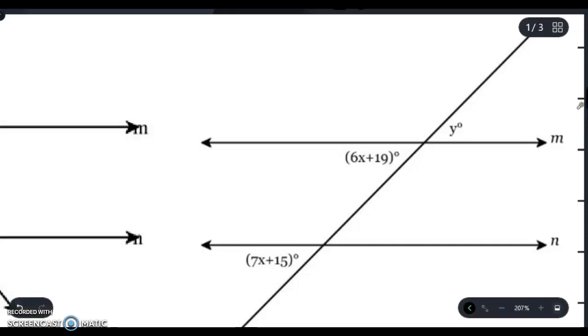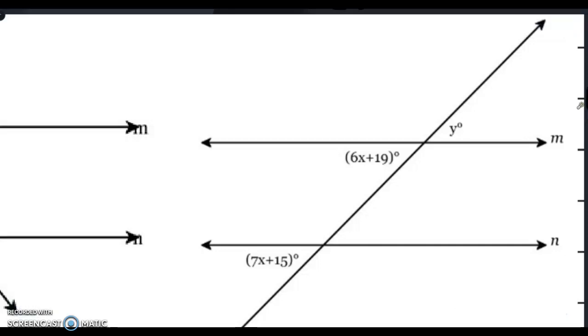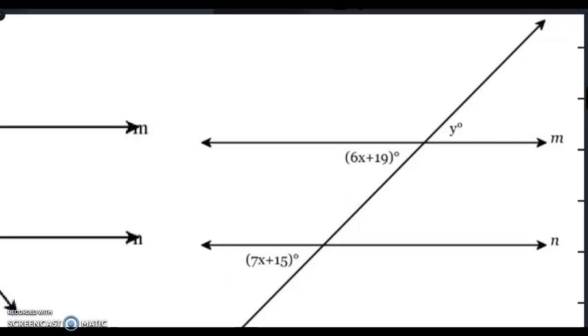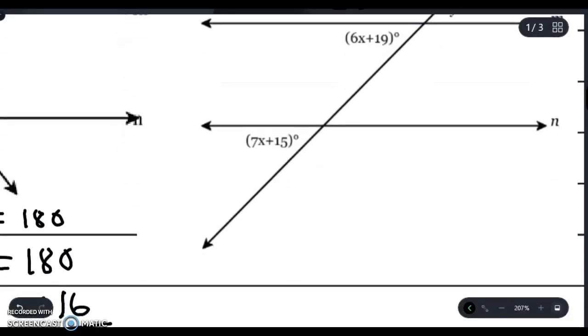All right, and we're going to look here at this 6x plus 19, and we're going to look here at this 7x plus 15. Notice how both of those are acute angles. So since they're acute angles, they're going to be equal to each other. So that's what I'm going to set up.